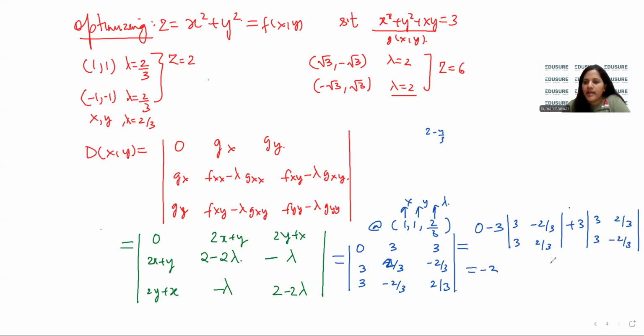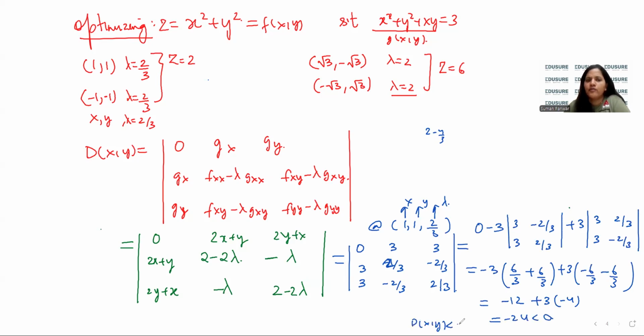So this is going to be minus 6 by 3 plus 6 by 3 plus 3 minus 6 by 3 minus 6 by 3, which works out to a negative value, minus 24. So D of xy is negative, and therefore (1, 1, 2 by 3) was a point of local minima.